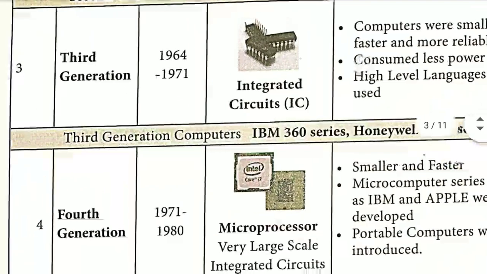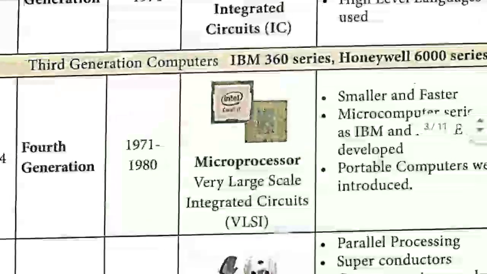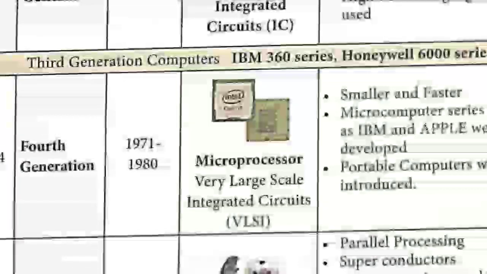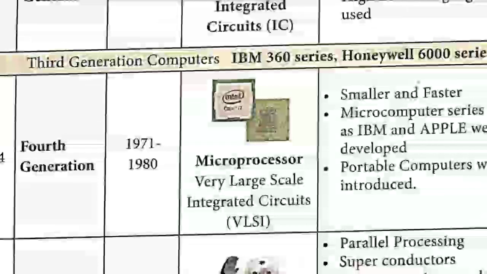So next is the fourth generation computers. This uses the microprocessor. Nowadays you can see microprocessors everywhere. It is a very large scale integrated circuit, so there are more transistors compared to ICs.